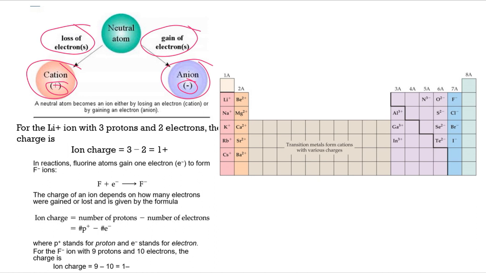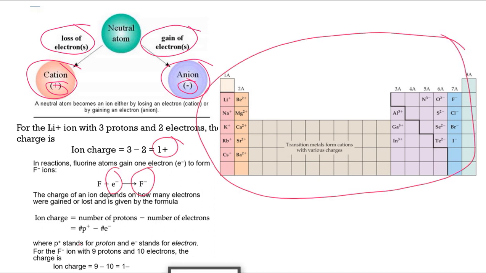For example, lithium can lose electrons and get a positive charge, as fluorine can gain electrons and have a negative charge. Here in this table you can see the most probable charges for certain representative elements. But what happens in real life?